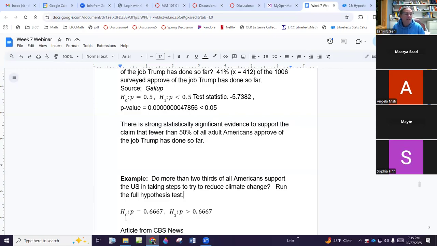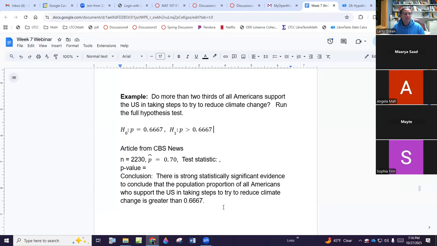Okay, let's say H naught: P equals, I wrote this as a decimal, 0.667, which is 2/3. And H1 would be P is greater than 0.667. Notice the proportion, either yes or no, you support the US taking steps. And again, you can do this.